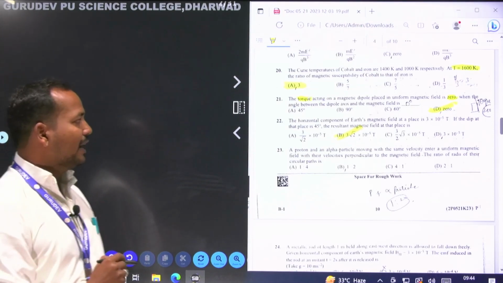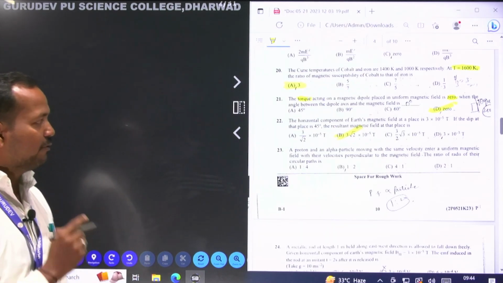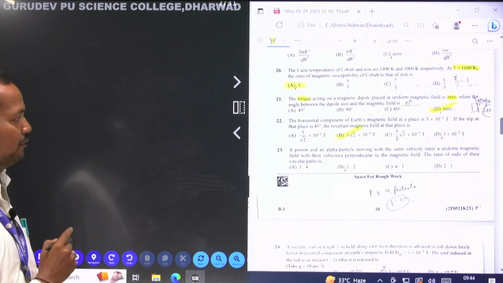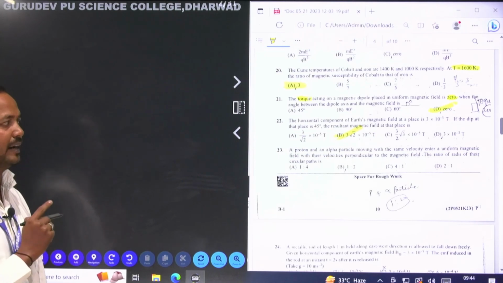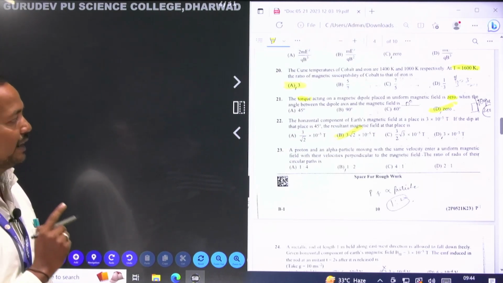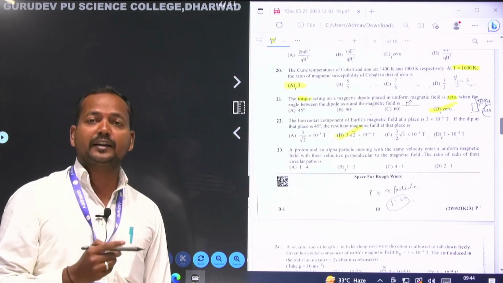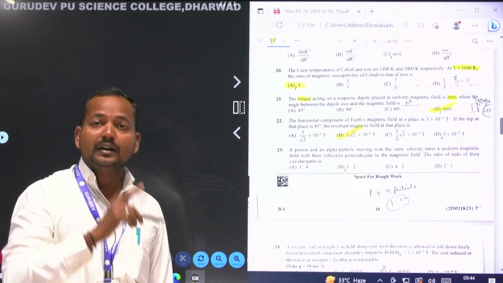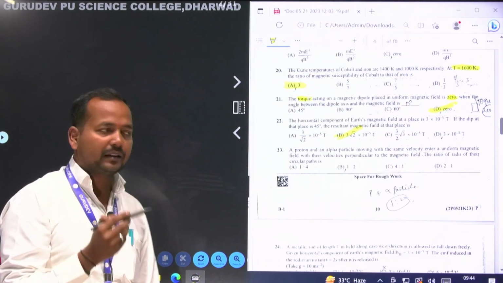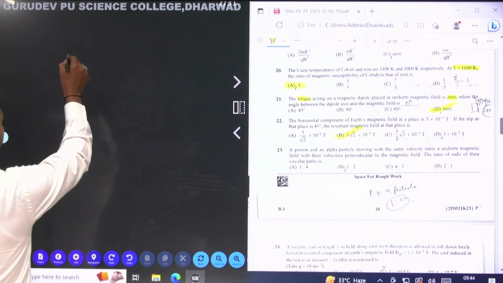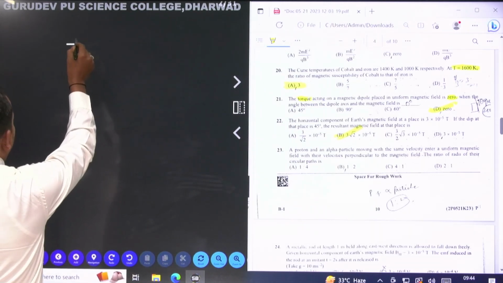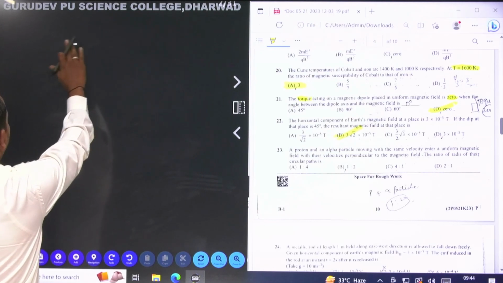A proton and an alpha particle moving with the same velocity enter a uniform magnetic field with their velocities perpendicular to the magnetic field. What is the ratio of the radii of their circular paths? As we know, any charged particle placed in a uniform magnetic field starts moving in a circular path. I will draw one example diagram for that.